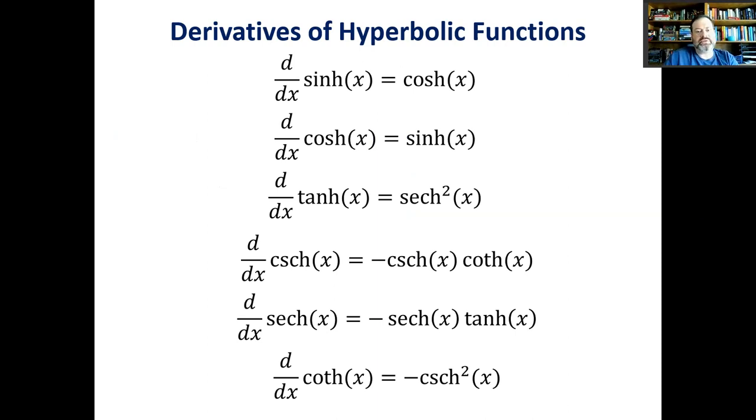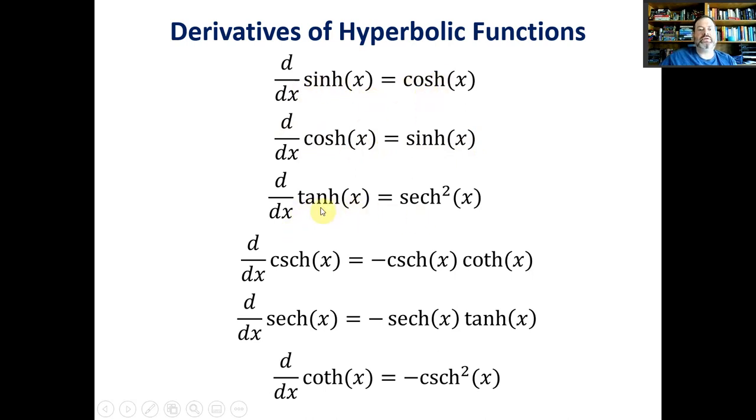And you can see that the derivatives look a lot like the derivatives of trig functions. The only difference is that it doesn't follow the rule of all the co-functions are negative, right? Because these aren't trig functions, so that only works for trig functions. So the derivative of cosh is sinh. So this follows.